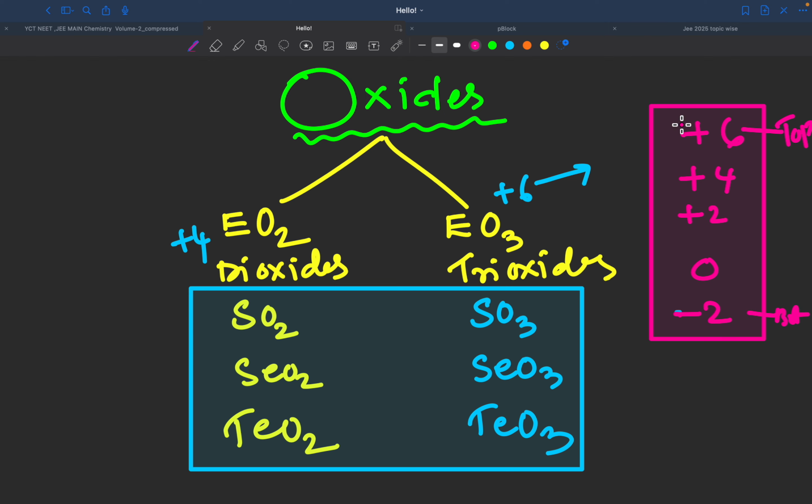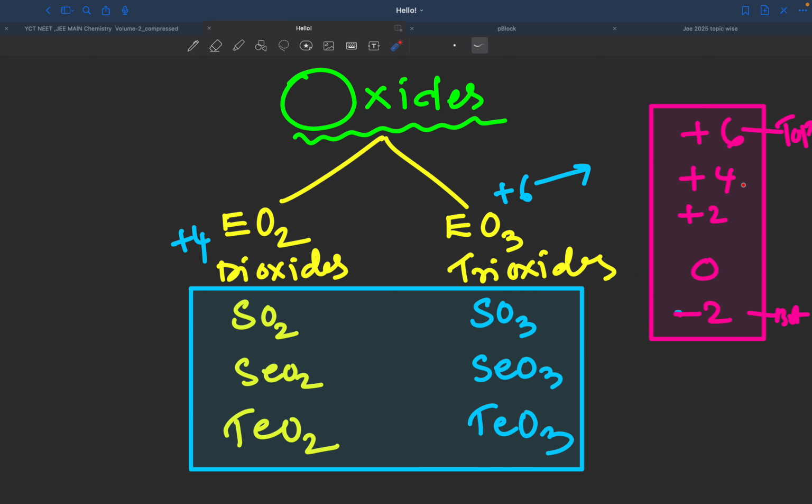So these two oxidation numbers are non-disproportionatable, whereas the oxidation number +6 can only be converted into +4, +2, 0 or -2. Yeah, -2 can be increased to these oxidation numbers. This is how the process goes.